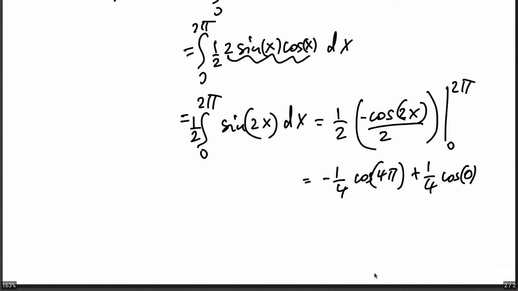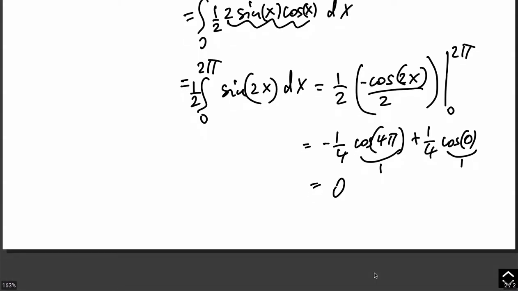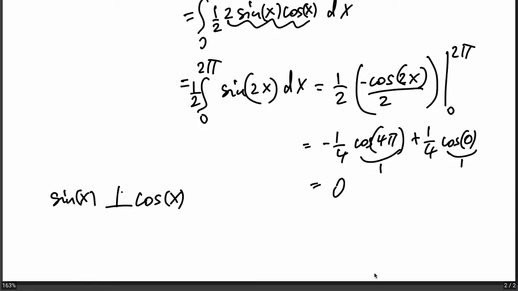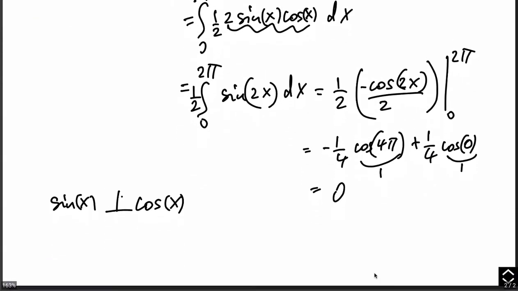And since cosine 4 pi is 1 and cosine 0 is 1, we get 0 here, which means sine and cosine are orthogonal with this inner product on this interval.